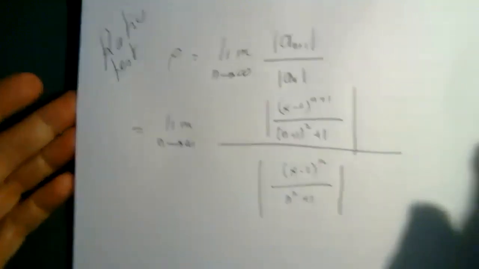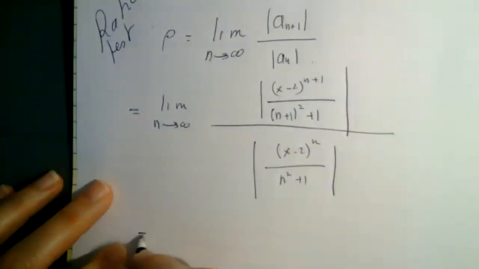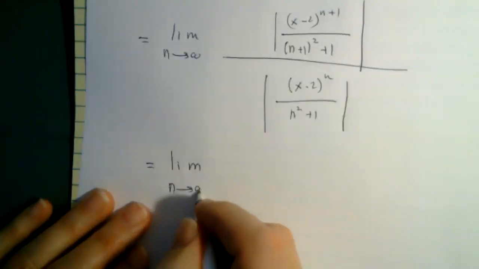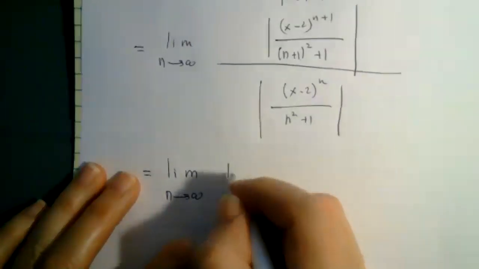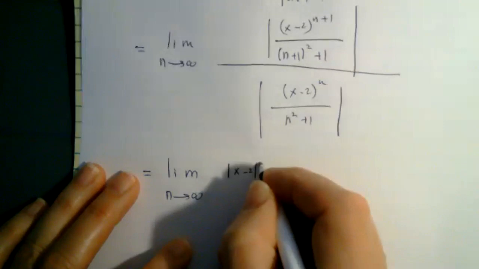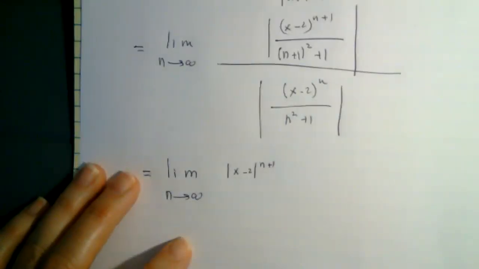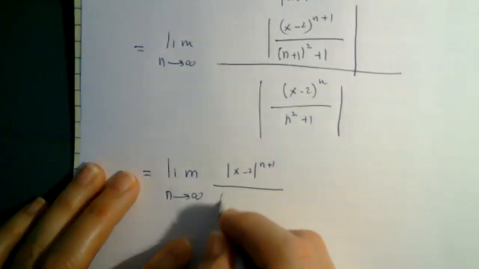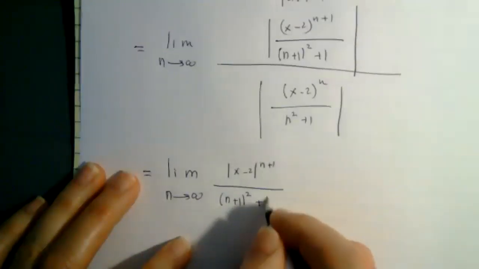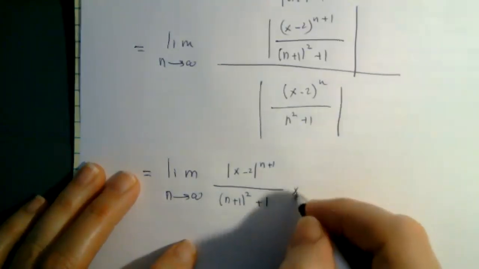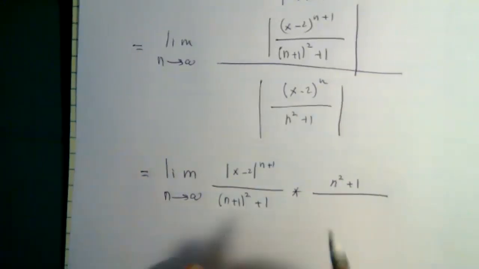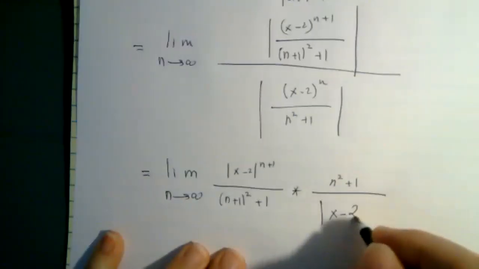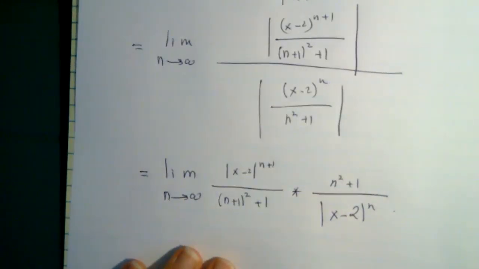Now we're going to rearrange the terms and do the math so that we can simplify this expression. That's the limit as n goes to infinity of the following. The top part becomes the absolute value of (x minus 2) to the power n plus 1, over (n plus 1) squared plus 1, multiplied by n squared plus 1, that's a positive number so I don't have to worry, over the absolute value of (x minus 2) to the power n.